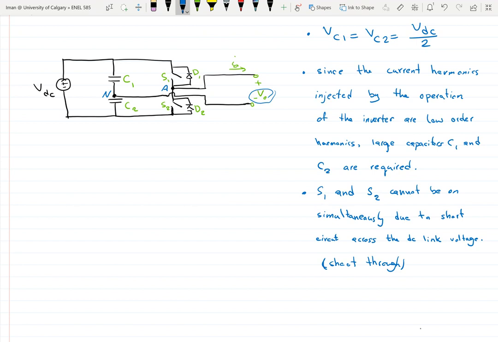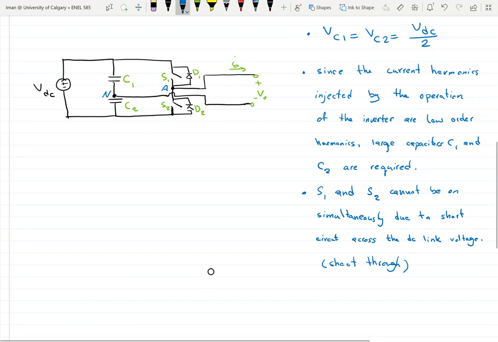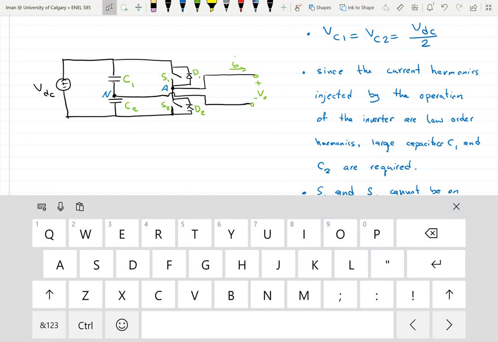And VA here is determined by whether I am switching S1 or S2, right? So if S1 is on, VA would be connected to the positive end of VDC, and then if S2 is on, node A would be connected to the negative terminal of VDC, and this is how we can change V out. So we can have different switching states for half-bridge VSI.